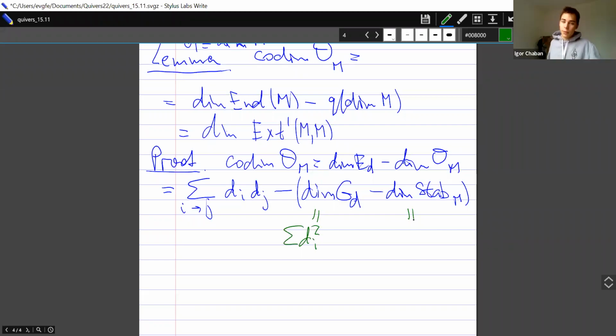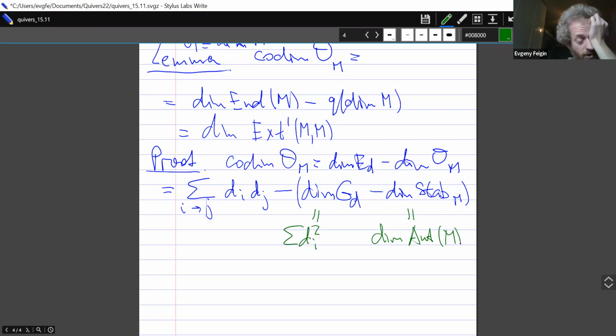Maybe it is the dimension of endomorphisms. Yes, you're absolutely right. By definition, this is the dimension of the automorphisms of M, but what we need is the dimension of the endomorphisms.